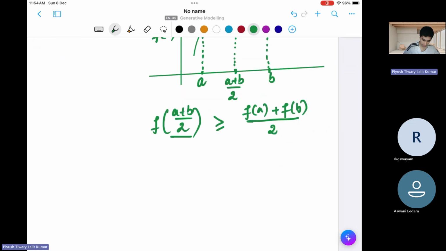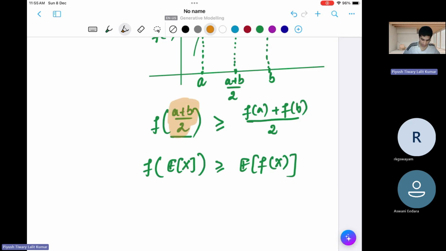And in general, for any concave function f, instead of taking (A+B)/2, which is basically the average of A and B, any equivalent interpretation of average is expectation. So for any random variable x, f of the expected value of x will always be greater than or equal to the expected value of f(x).